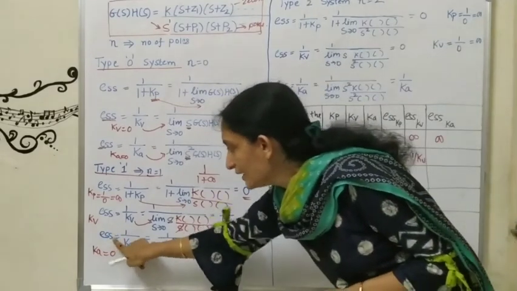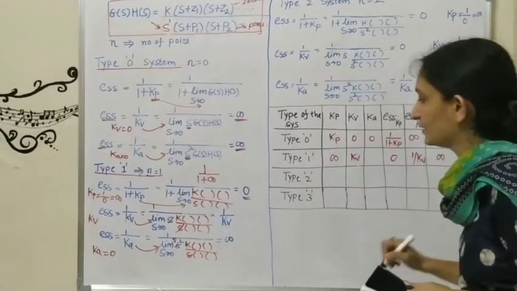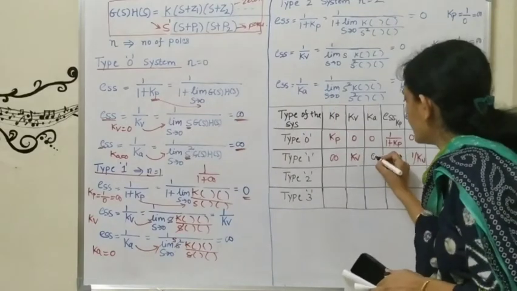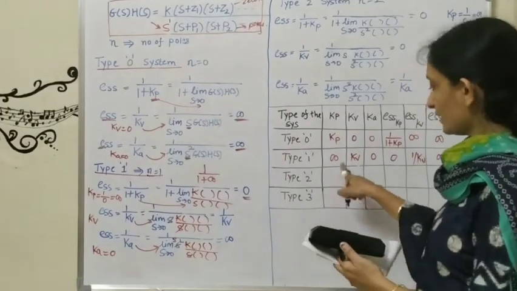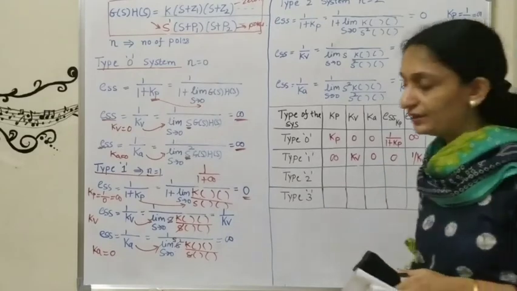Then ESS because of Ka is infinity, and the value of Ka is nothing but 0. So see here: 0, 1 by Kv, infinity.